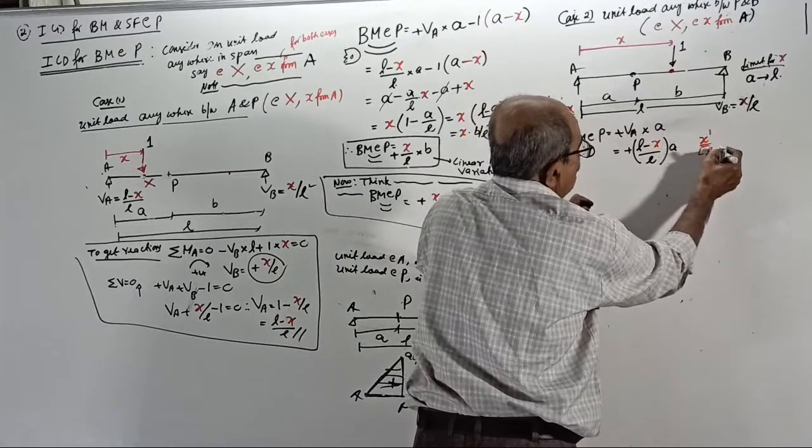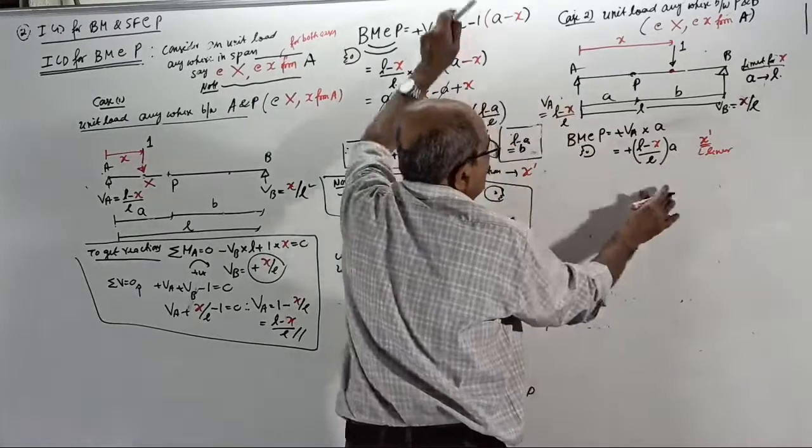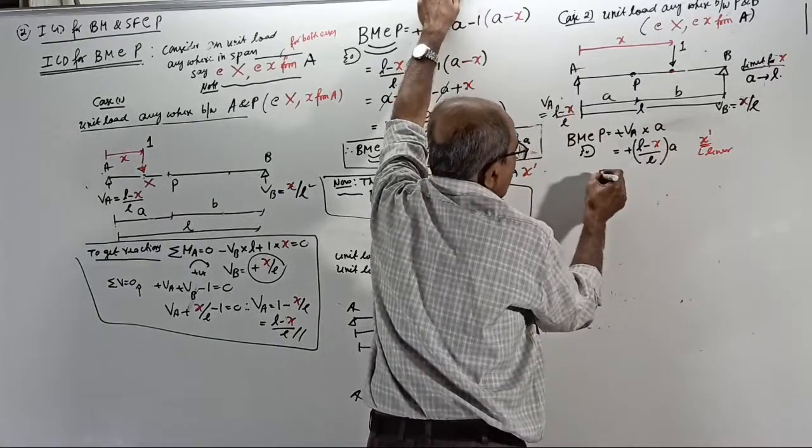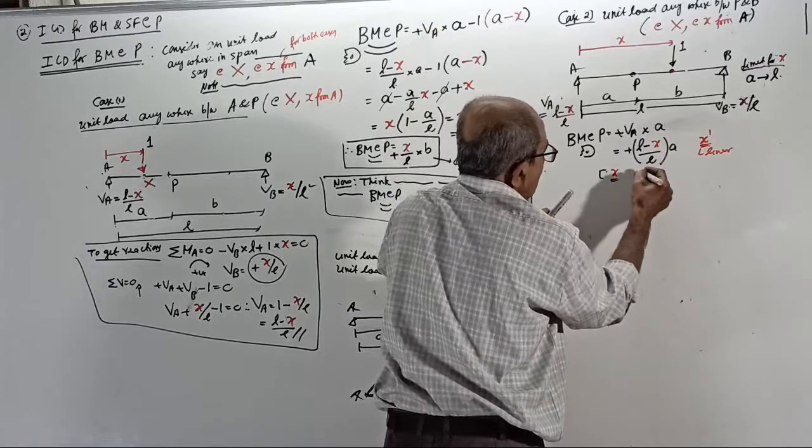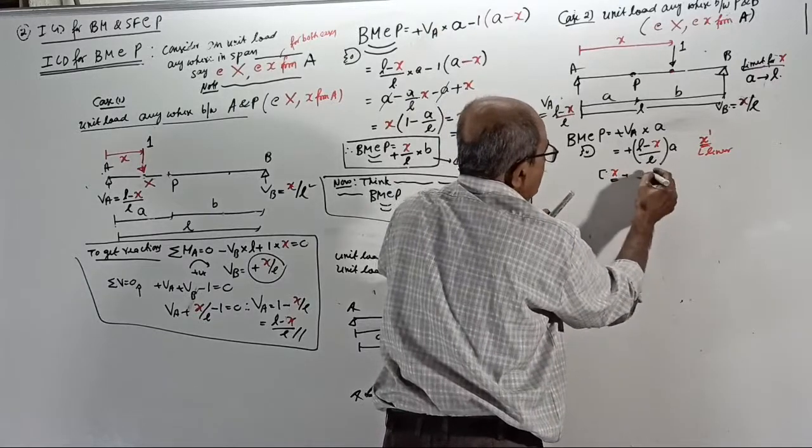Therefore, this is also a linear variation. This x varies from, remember, this x varies from what? This x varies from A to L.